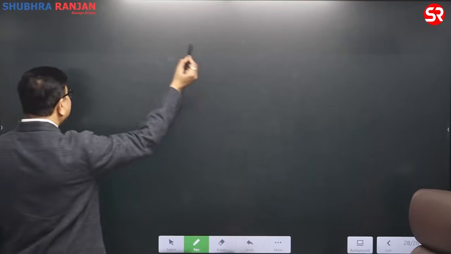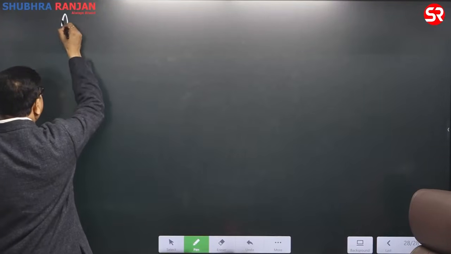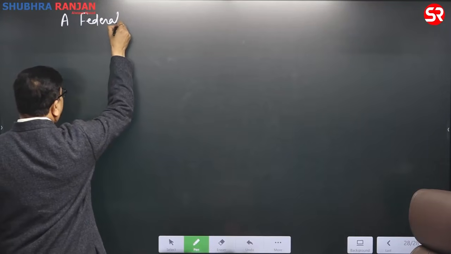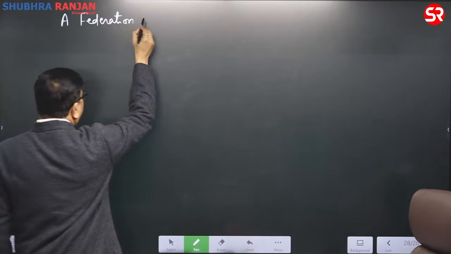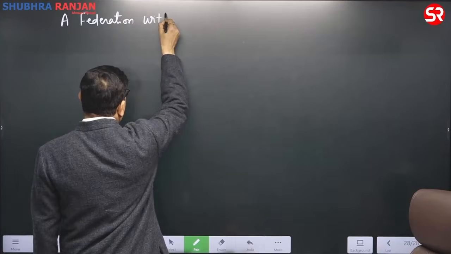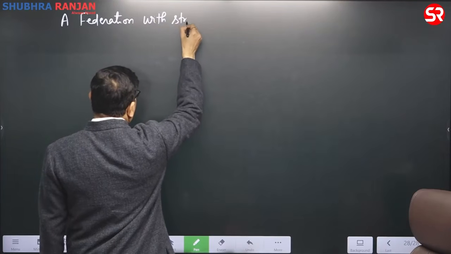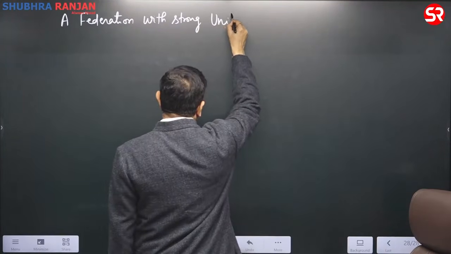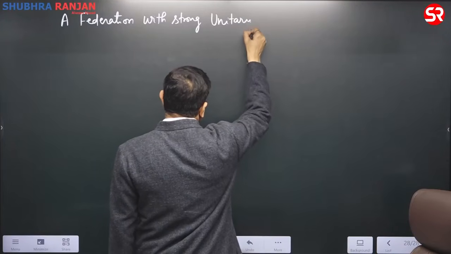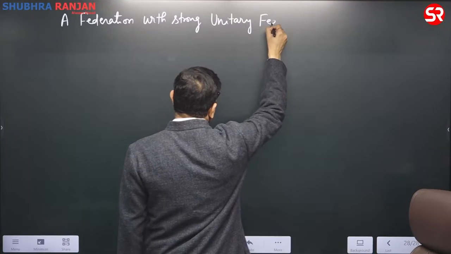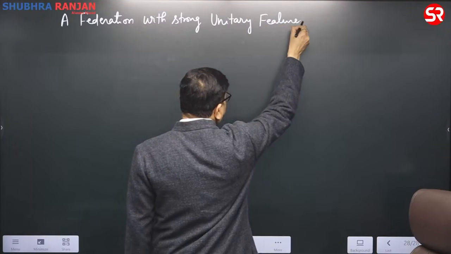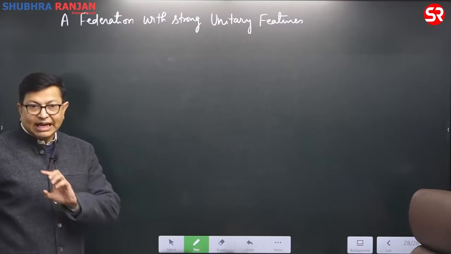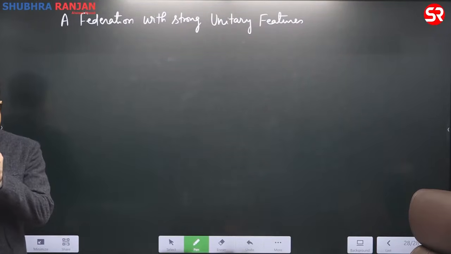Now coming to the next aspect that we are discussing, it is a federation with strong unitary features. Now from here, what type of questions can be asked in the prelims examination?